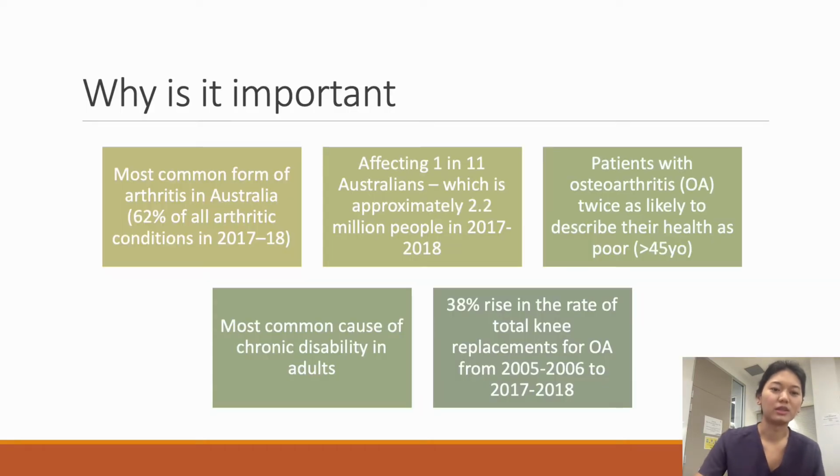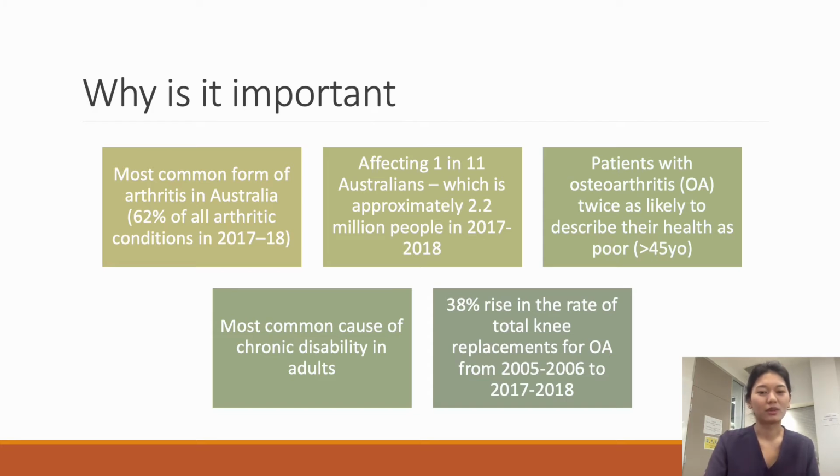So, a bit of epidemiology. Osteoarthritis is the most common form of arthritis in Australia, comprising around 62% of all arthritic conditions, and it affects around 1 in 11 Australians, which is approximately 2.2 million people.